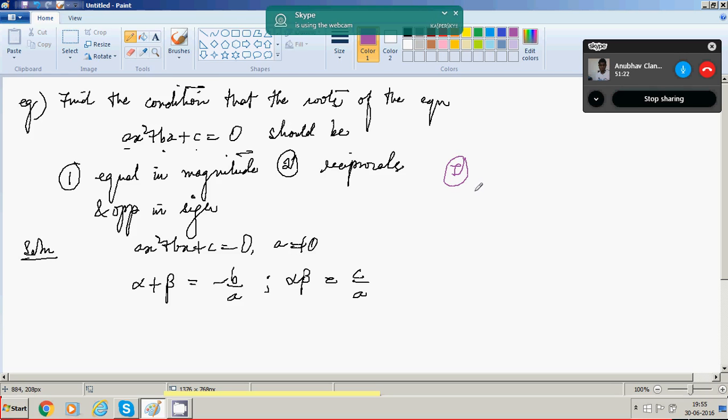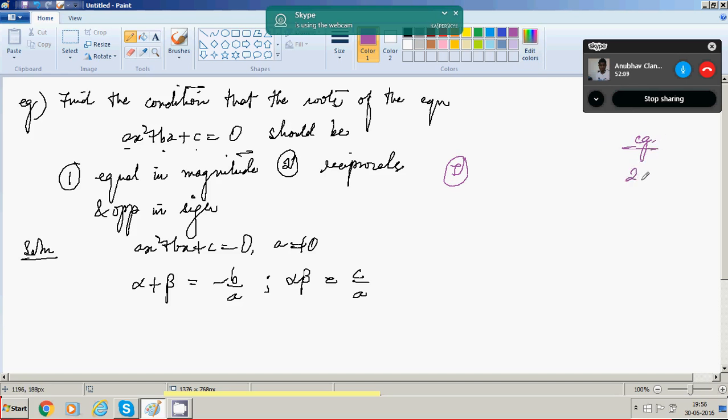So we take a numerical example straight away.